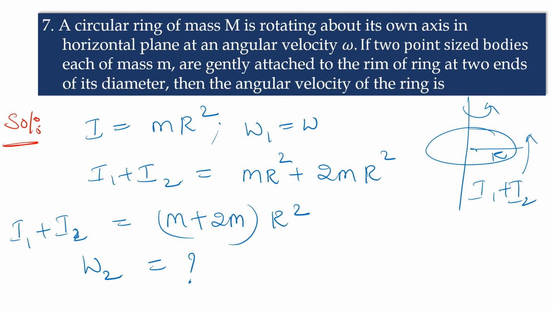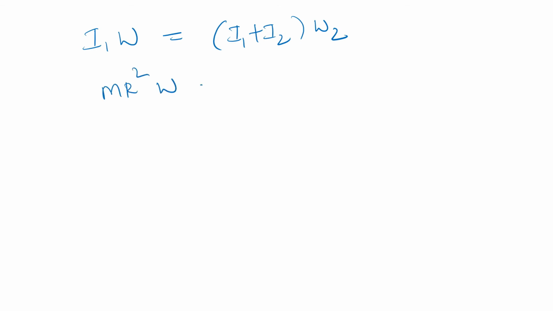So according to the law of conservation of angular momentum, I1 omega is equal to I1 plus I2 into omega 2. So substituting values, I1, nothing but m r square, into omega is equal to m plus 2m into r square omega 2.